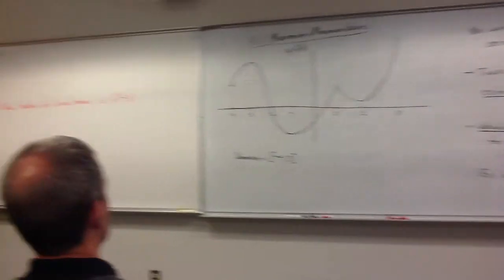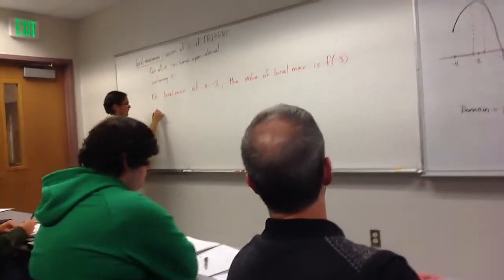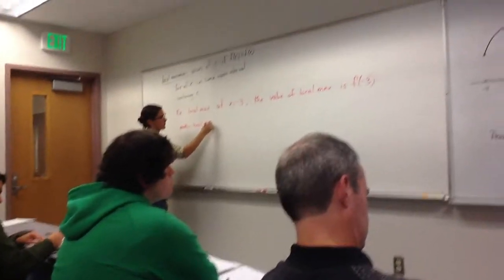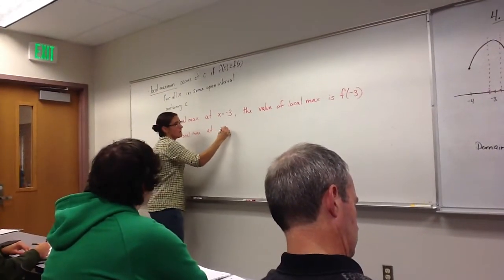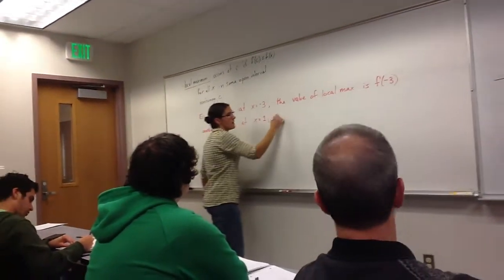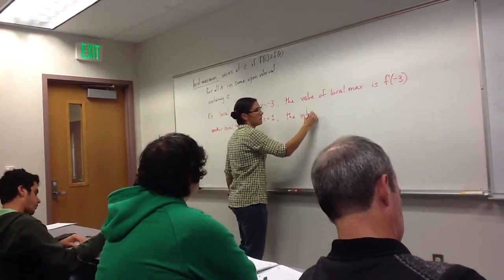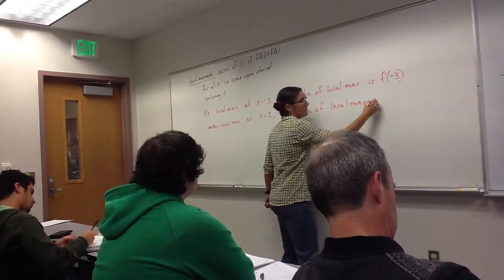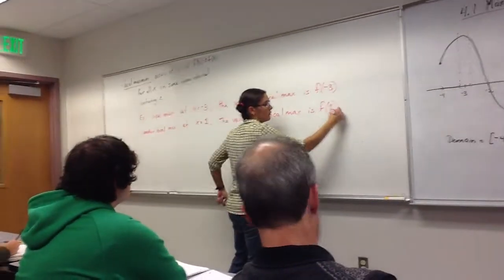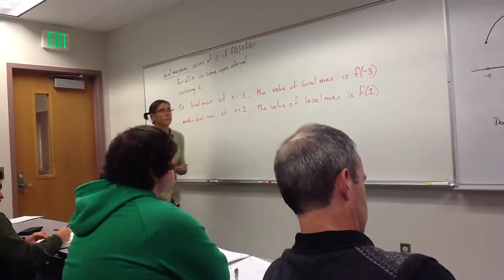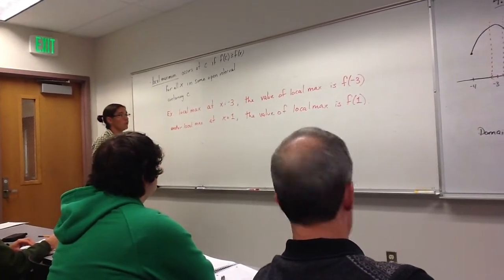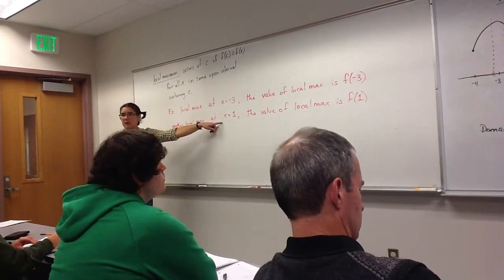And so we have another local maximum at x equals 1, and the value of that local max is f of 1. All right, so we have two local maximums. One occurs at x equals -3, one occurs at x equals 1.